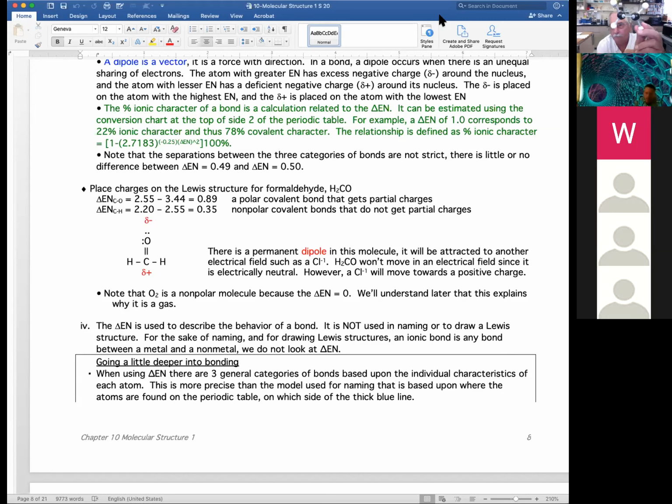This one here has two central atoms. This one is a central atom, and it has 3 regions of electron density. So it's planar, which means it's flat, and it's trigonal. So we call it trigonal planar. This one here has a similar situation.